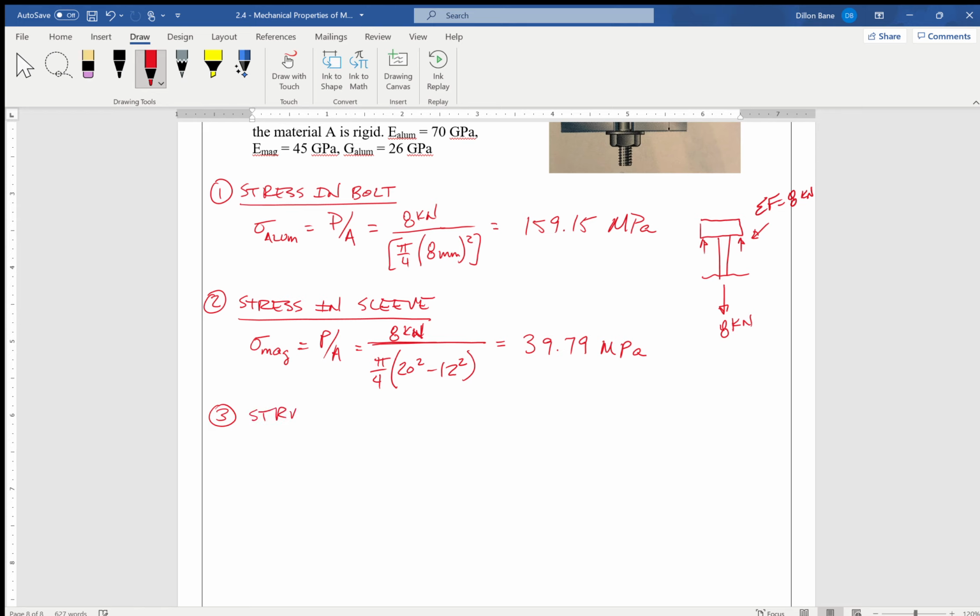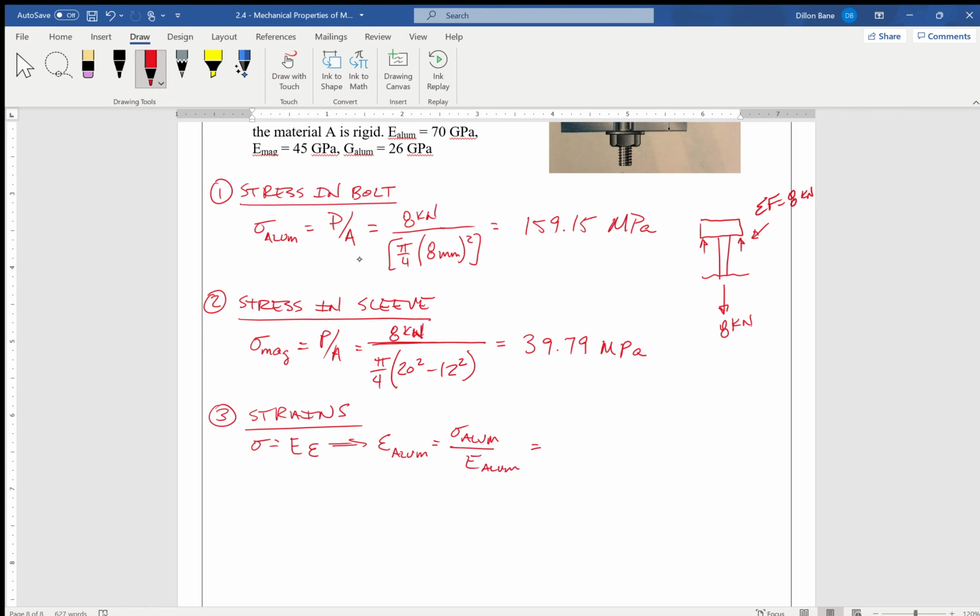So step 3, we'll just label it strains. So we know that sigma equals E epsilon. So the strain then is going to be equal to sigma over E. So epsilon aluminum is equal to sigma aluminum over E aluminum.